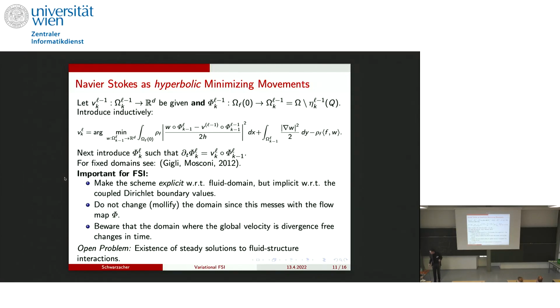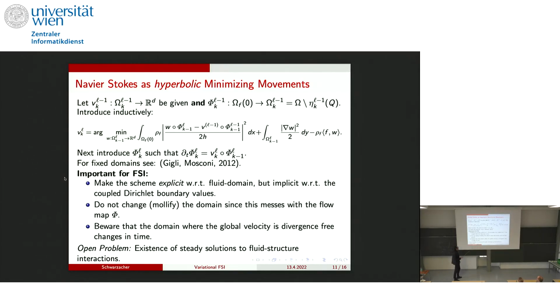Now you can pass to the limit with this scheme, which I will not say how, but there are many tricks, of course. The key is to get an approximation. So here are some messages. It was very important to keep the scheme explicit with respect to the fluid domain, so you don't vary the domain, because this creates a mess.